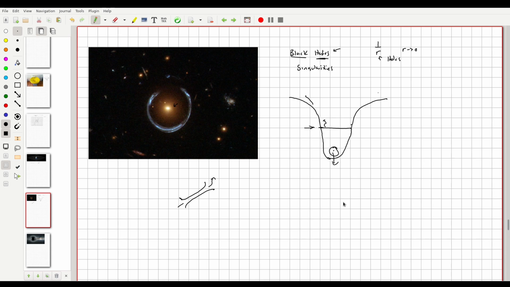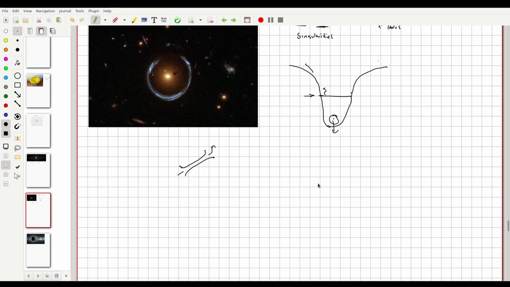All right. Now, that said, if you remember way back when in the previous video, I had talked about conservation of energy and gravitational potential. So you can actually find the point of no return for something that has mass using just Newton's version of gravity.